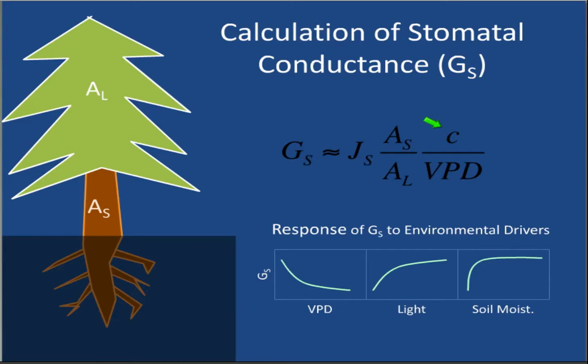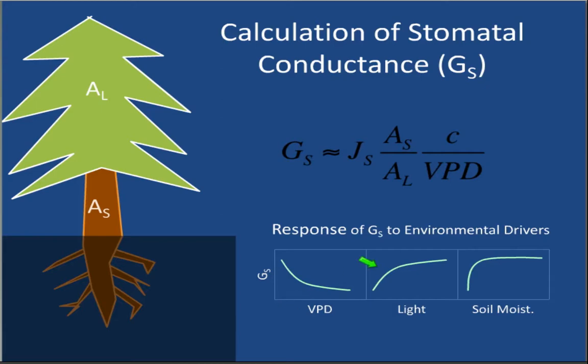Once we have stomatal conductance, what might we be interested in? Well, one thing we're interested in is the response of stomatal conductance to environmental drivers. For example, as vapor pressure deficit increases, therefore increasing the rate of evaporation, stomatal conductance is often downregulated to prevent the trees from using water faster than they can afford to.